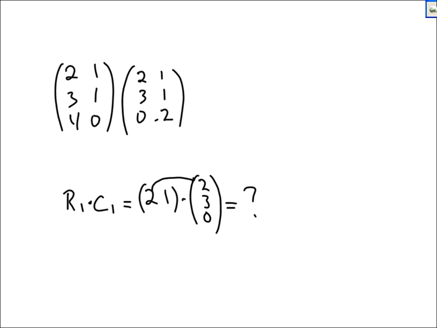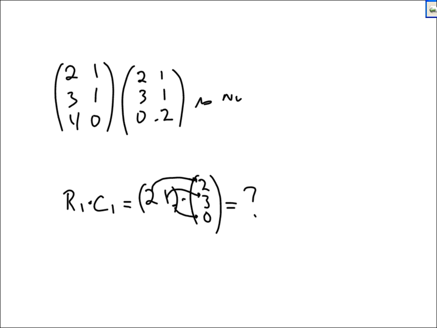Sure, you can multiply the first entries. 2 times 2, 4. You can even multiply the second entries. But there's no third entry in the left matrix to dot with the third entry in the right matrix.